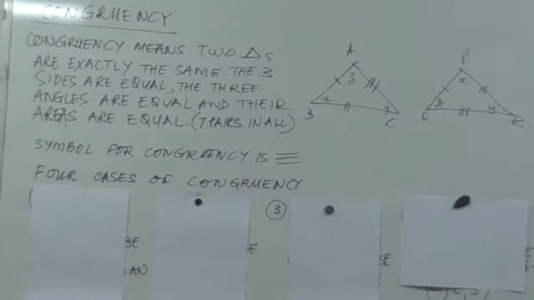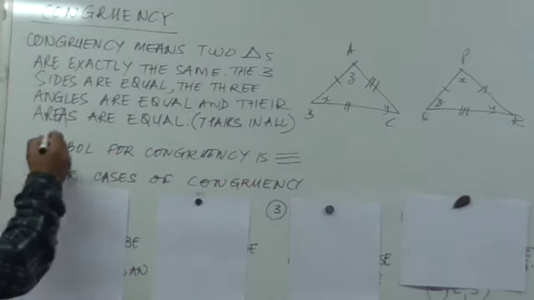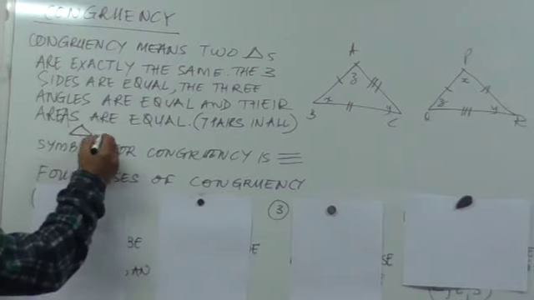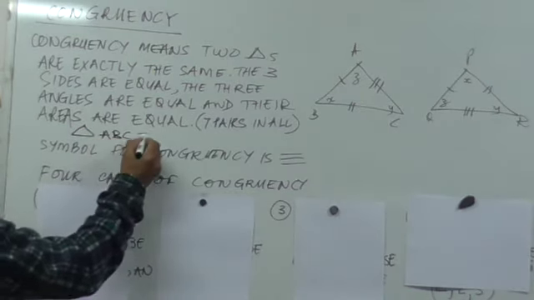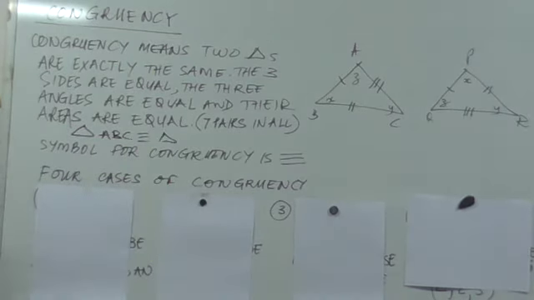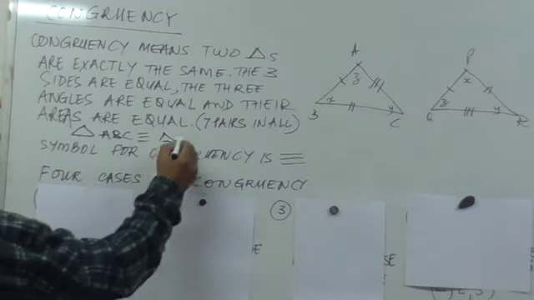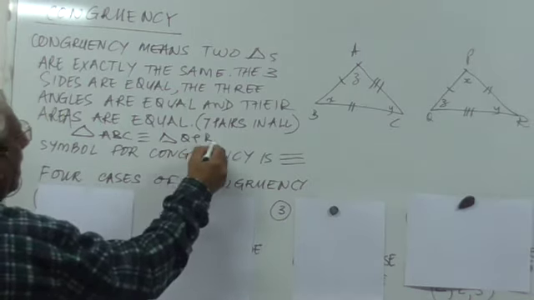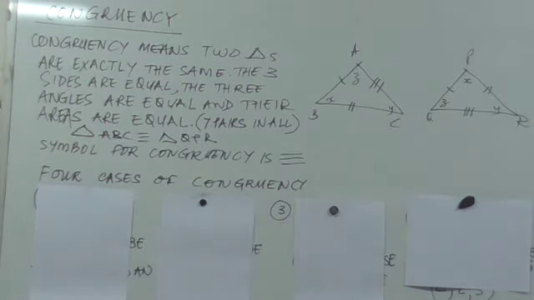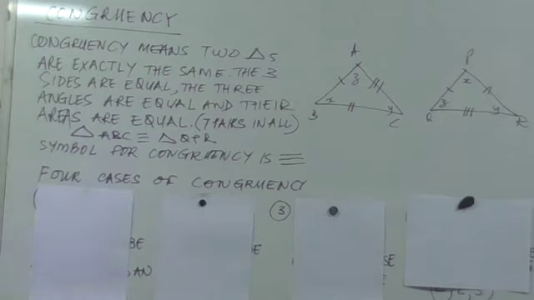So I can say that triangle ABC is congruent to triangle QPR.